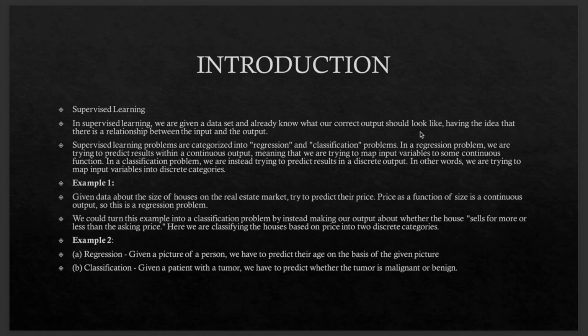If I sell to you, there are two options: for more than the price I was asked for by the owner of the house, or for less. So those are the two outputs here. But in the previous example there was only a single output, the price as a function of size.